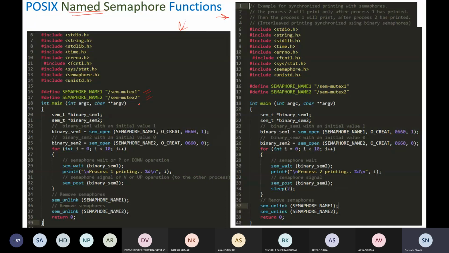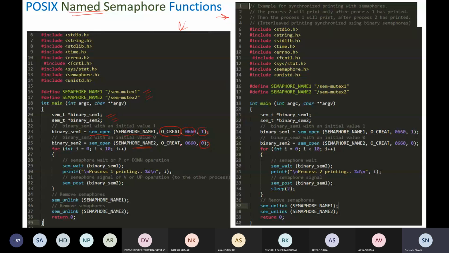These are semaphore names, and this is the pointer to the semaphore object, sem_t, and we are calling sem_open with the semaphore name, the first semaphore, O_CREAT, in the create mode. This is the permission and this is the initial value 1. For the semaphore 2, the initial value is 0.